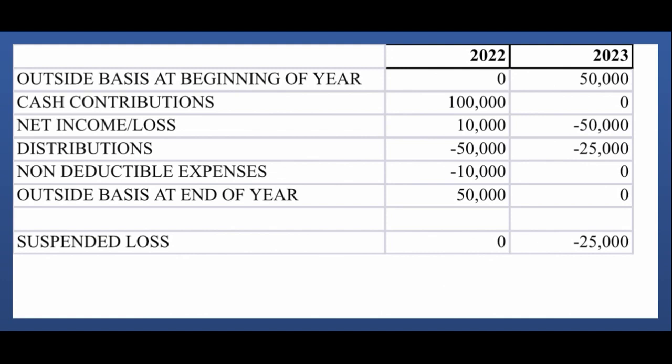So in this situation, there's $25,000 that I've either taken out too much in distributions or a suspended loss situation. And so why might this have happened? How could I have taken out $25,000 in distributions if I had a $50,000 net loss?